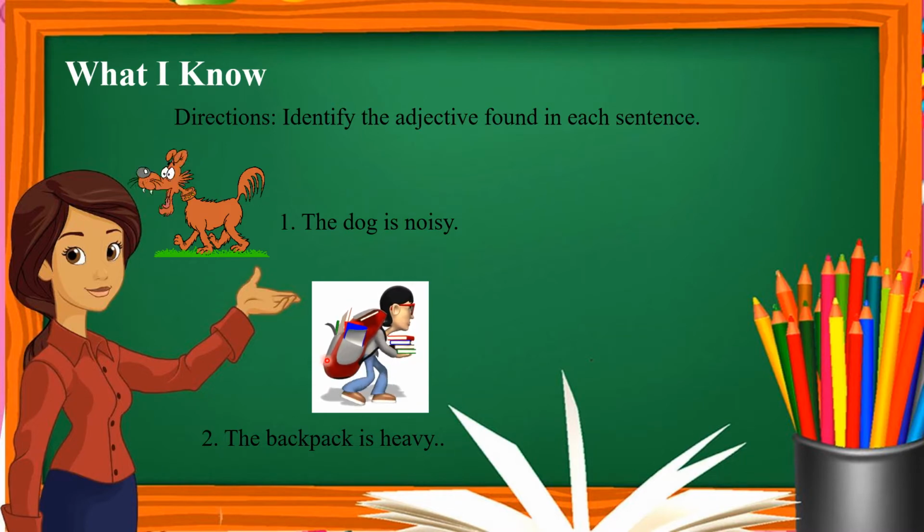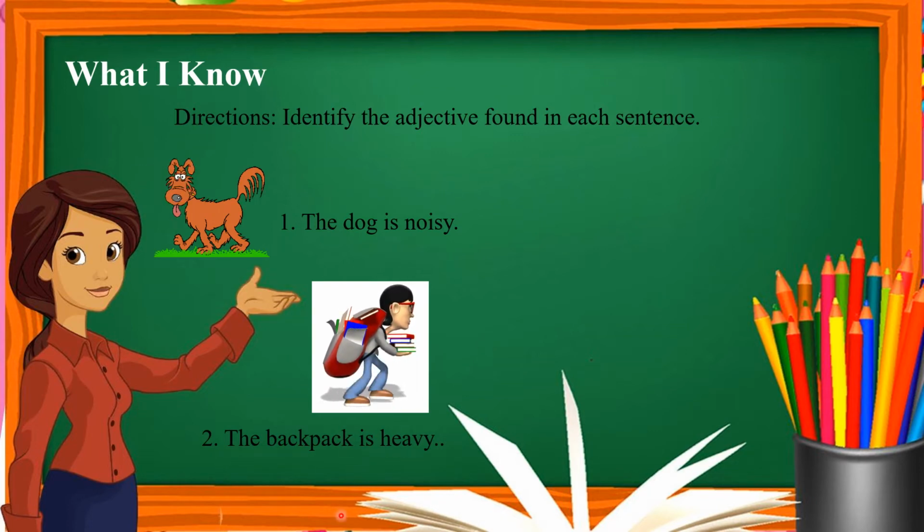Yes, because the backpack is much bigger. Looks like bigger than the boy, right? Okay, the backpack is heavy. Now, what is the adjective in the sentence? Okay, very good. Heavy. What is being modified by the word heavy? Yes, very good. Backpack. The backpack is heavy.